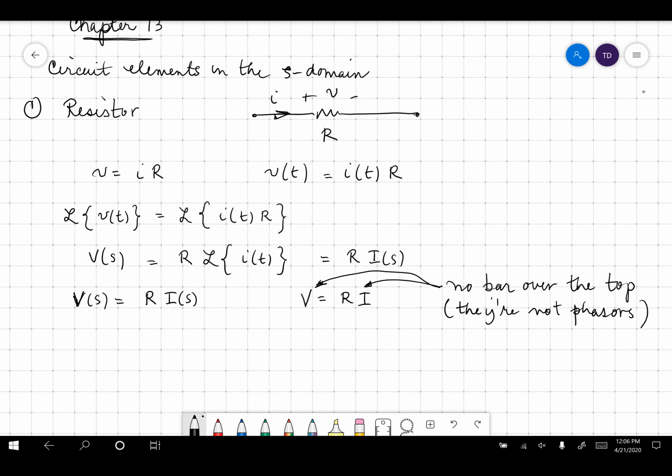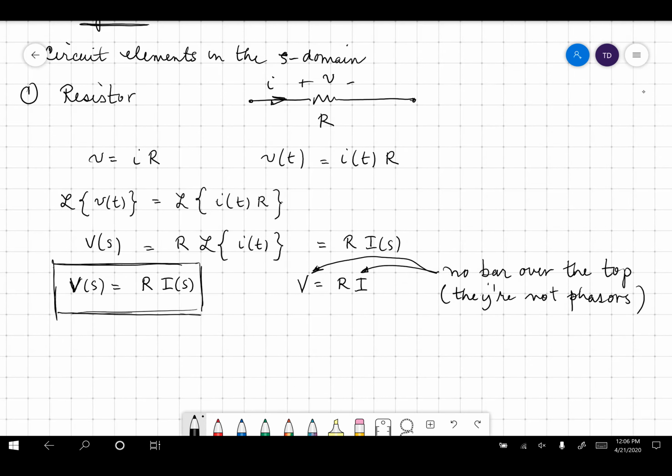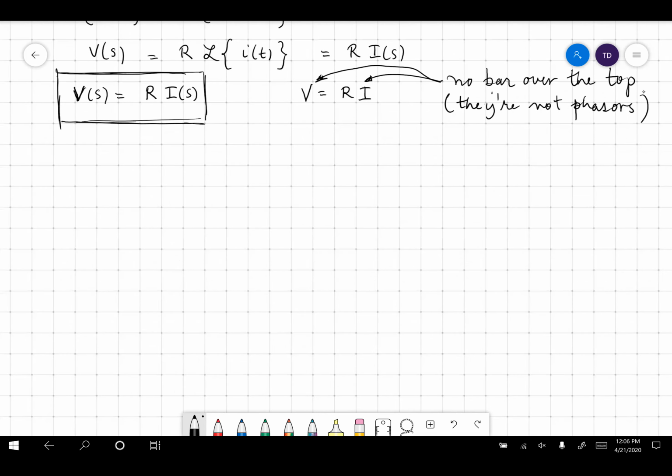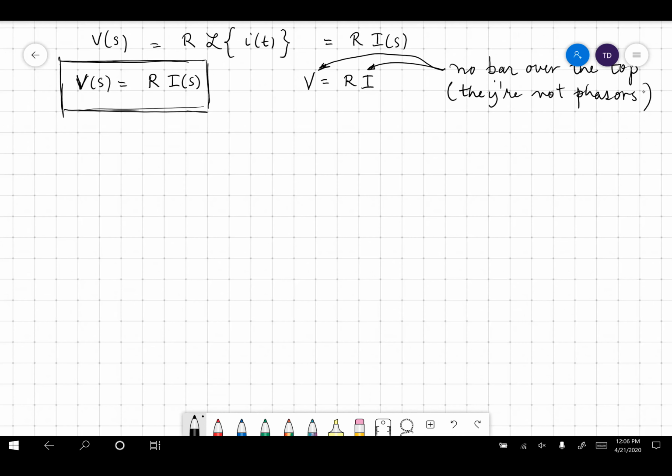And that's why most authors of your textbooks do this right here. They leave it with the function of S to be very clear, so there's no confusion. We're not talking about DC terms here. Okay, so let's do this. Let's define Z sub R of S, and we're going to define that as the impedance.